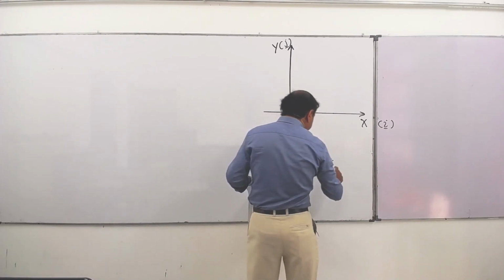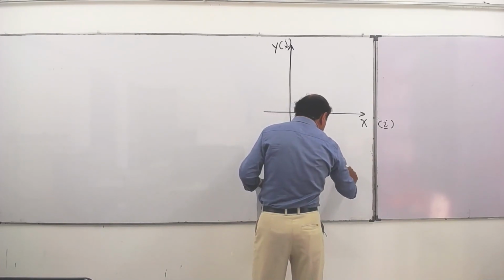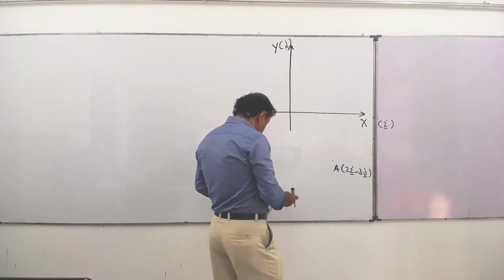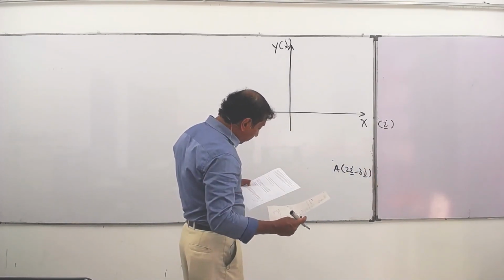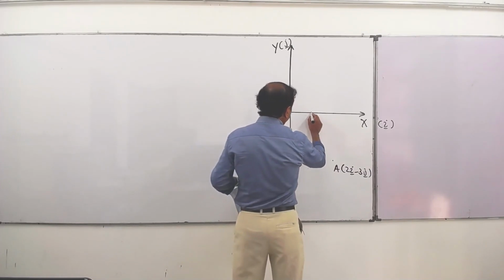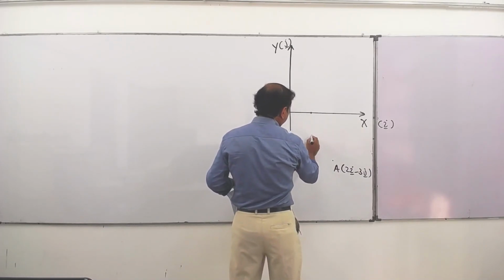And B is i minus 2j, that is 1 and minus 2.